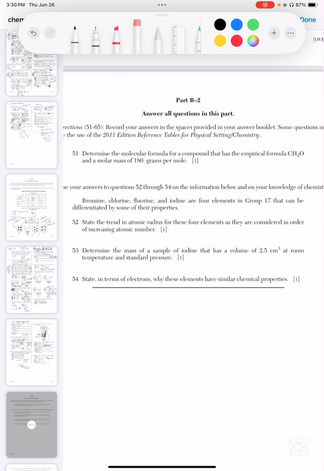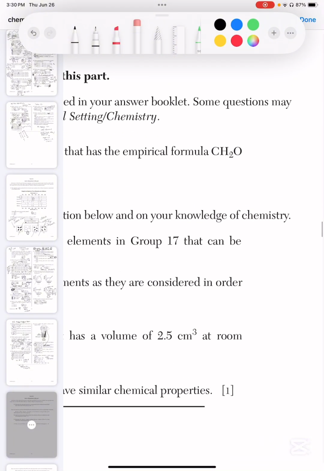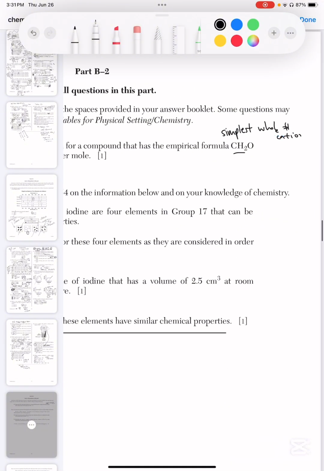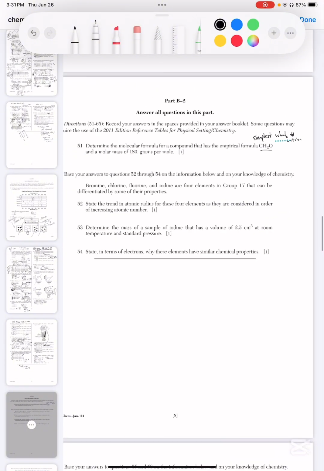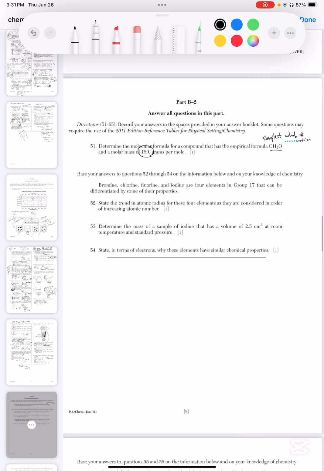But yeah, what you would do on the test is, this is the empirical formula, so it represents the simplest whole number ratio. So you can keep multiplying it until you get 180 grams per mole. Say you can try to multiply this by 6.